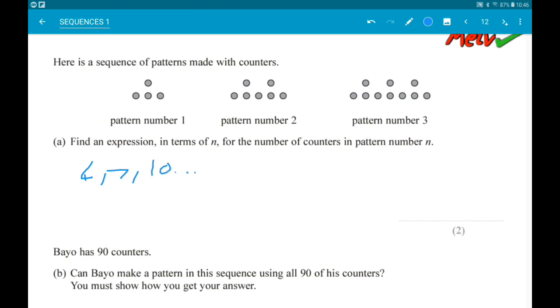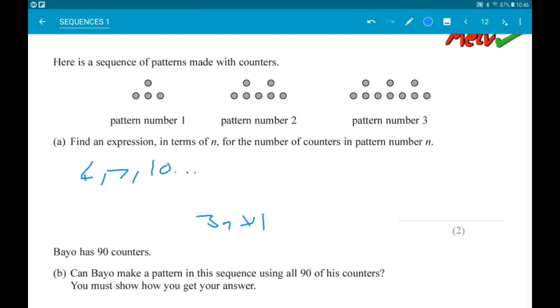So we're going up in 3s, so the nth term is something to do with 3n. Now for the first term, n is 1. 3 times 1 is 3. We need 4, so it's 3n add 1. Let's check it. 3 times 2 is 6, add 1 is 7.